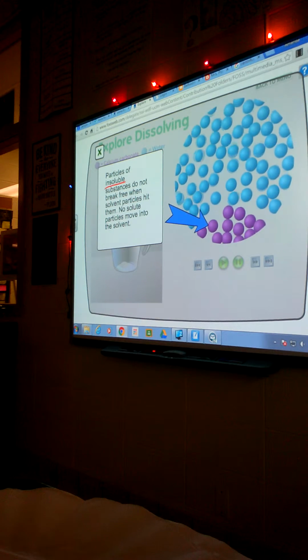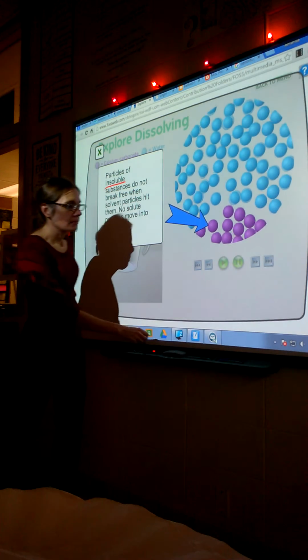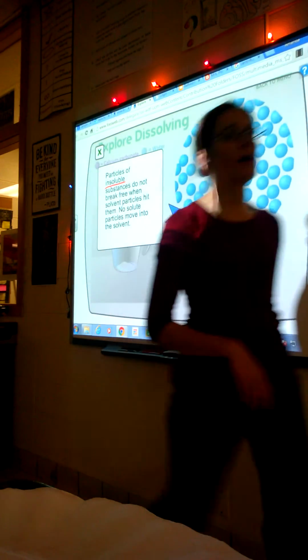Thank you, Ben. Which one? I did. Insoluble is in there. If you read and annotated it, you would have circled this word. Oh, I remember. I read it, I just didn't circle it.